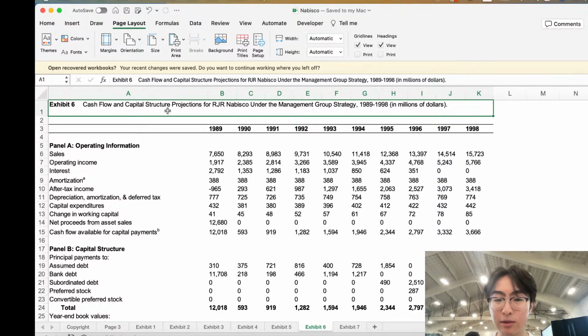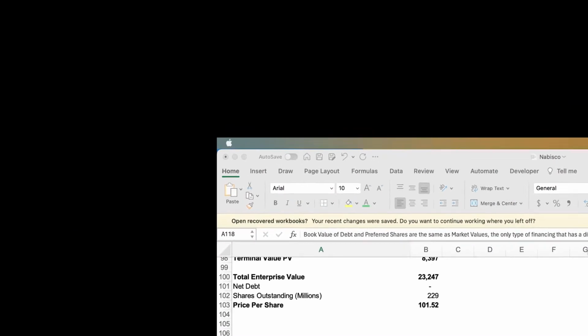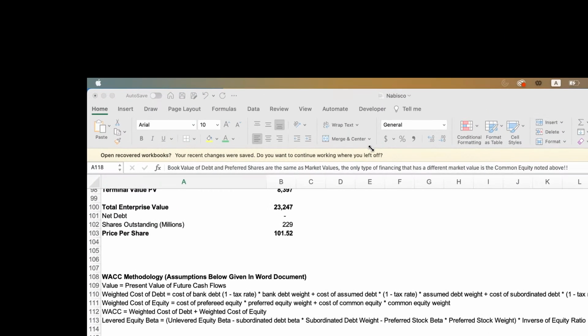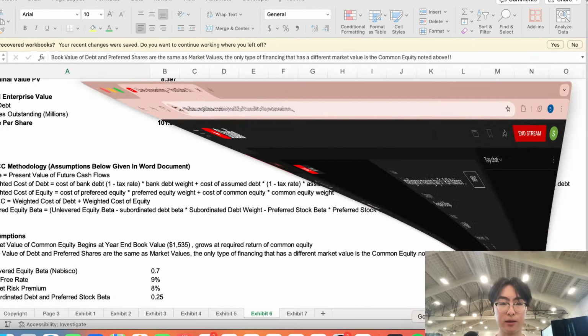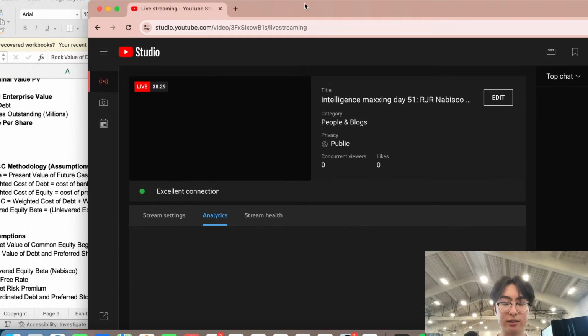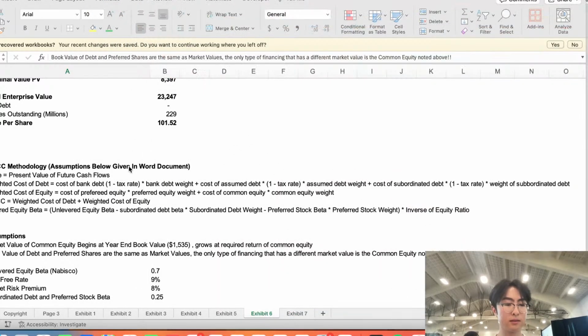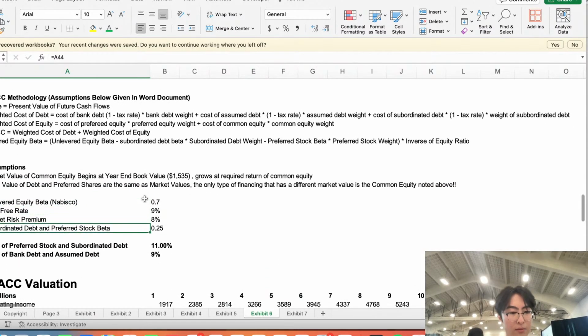Oh man, I just realized this thing was frozen the whole time. Okay. Nice. Okay, so that's the case. Then we have unlevered equity beta, Nabisco.